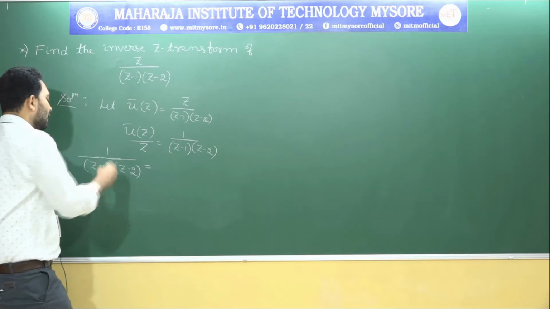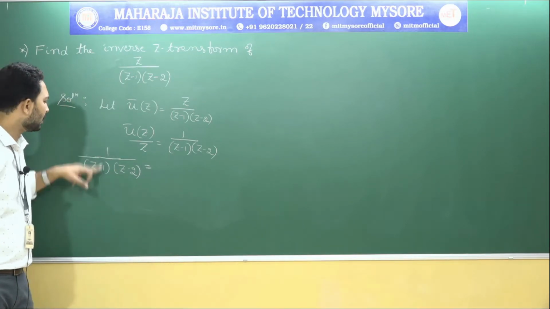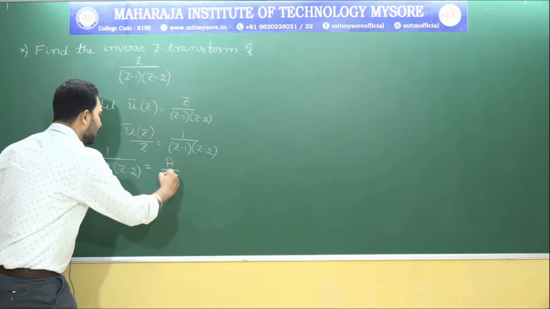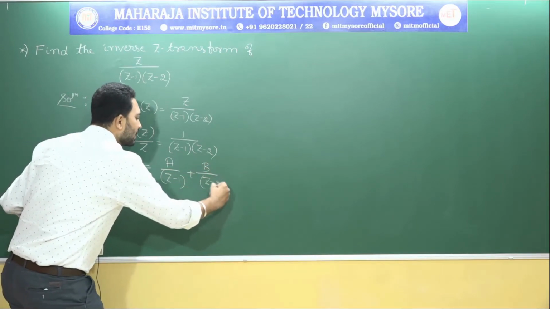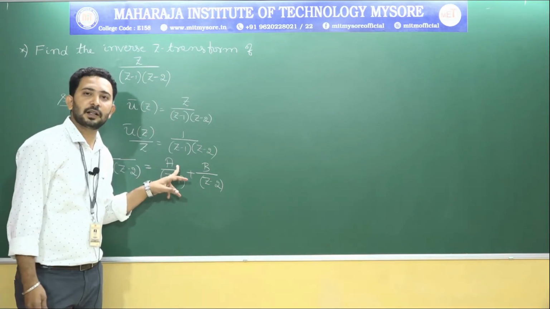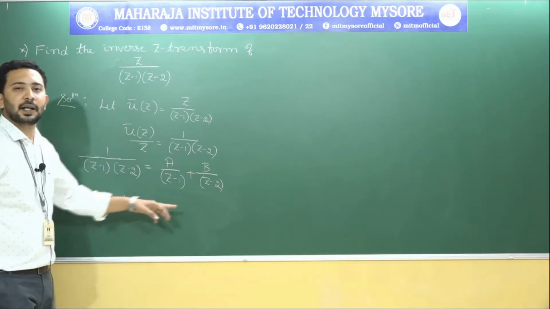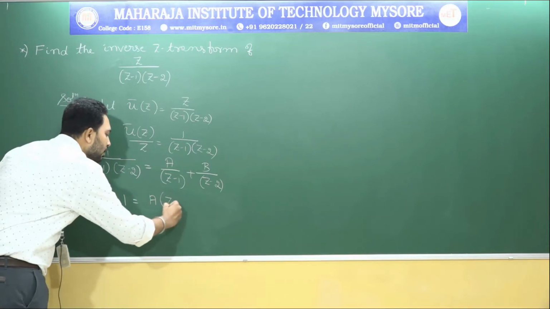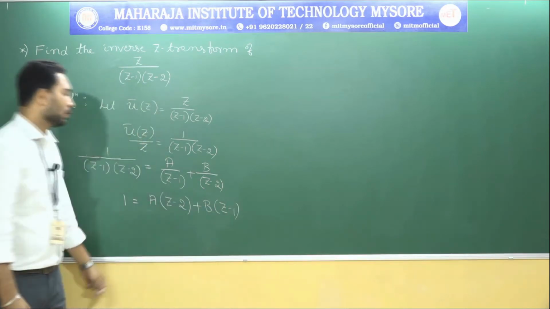We already know the partial fractions method. So 1 divided by Z minus 1 into Z minus 2 is A divided by Z minus 1 plus B divided by Z minus 2. So we need to find the constants A and B. Then by taking LCM and cancelling, we can write 1 equals A into Z minus 2 plus B into Z minus 1.